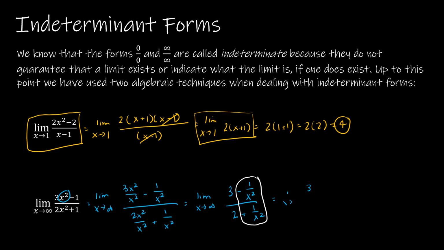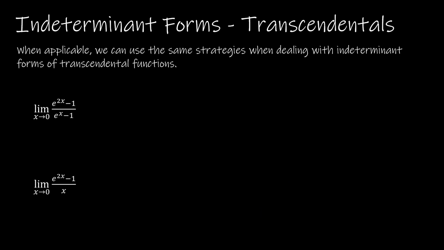These are going to turn into zeros, and that just leaves me with 3 halves. So again, up to this point, that was really the essence of our strategy: if we can divide anything out, we should, and if we can divide by the greatest degree of x, we should. In dealing with transcendental functions, we can use those same strategies.